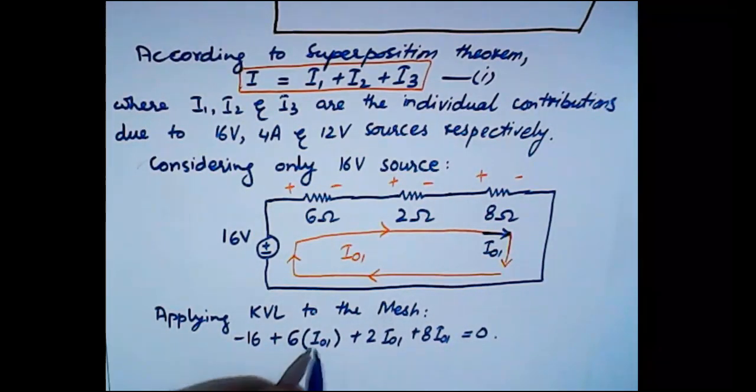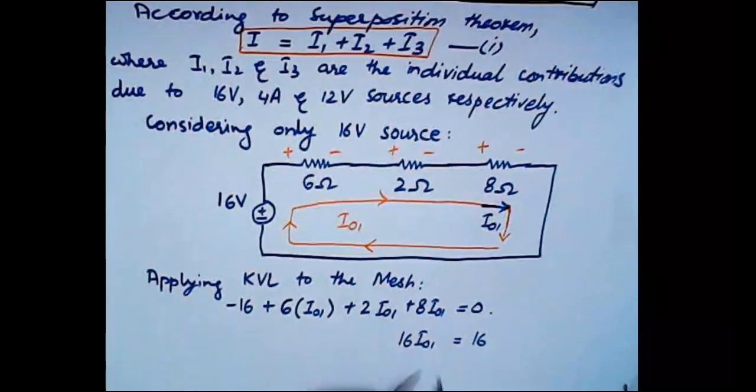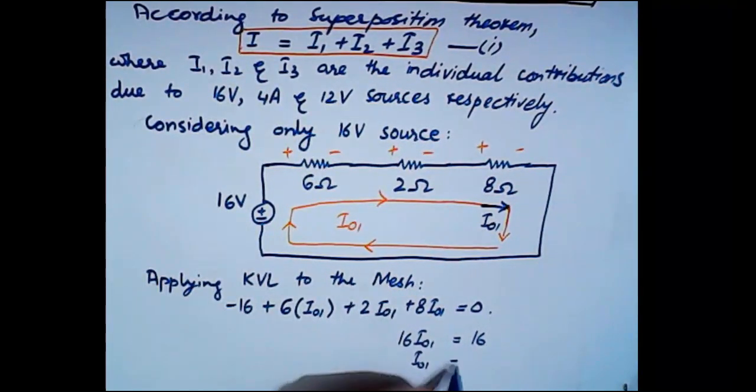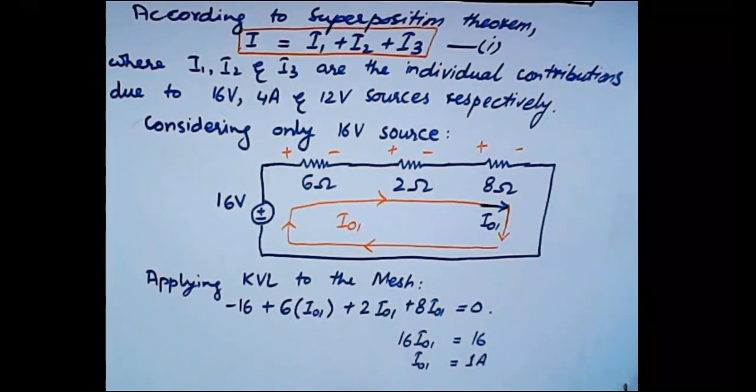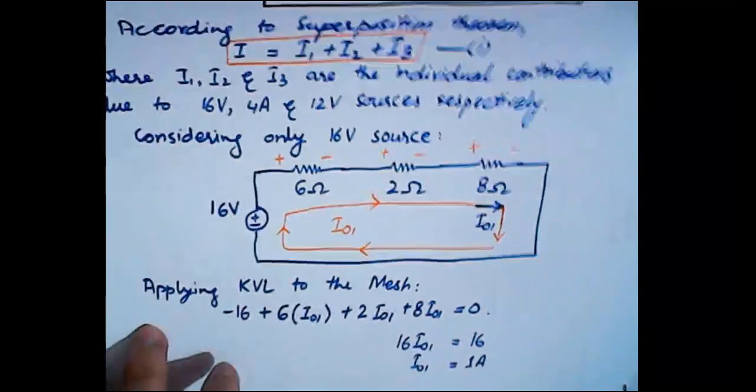So that makes 6 and 2 is 8, and 8 and 8 is 16. 16 I naught 1 is equal to 16. Thus I naught 1 is equal to 1 ampere. So now we have found out the contribution of one source, right?